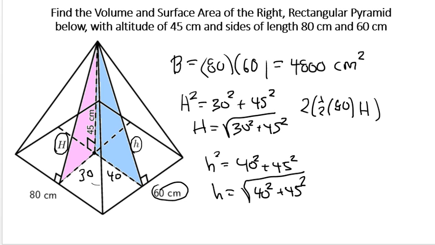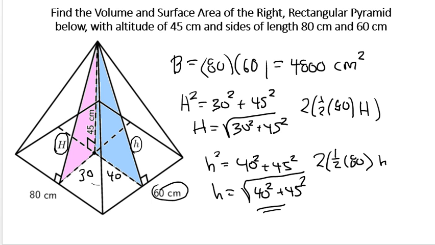There are two lateral faces with a base of 60. There'd be two of them, and each is triangular, so 1/2 the length of the base, which is 60, times whatever we find for this square root, h. That would give me the area of the two lateral faces with a side length of 60.